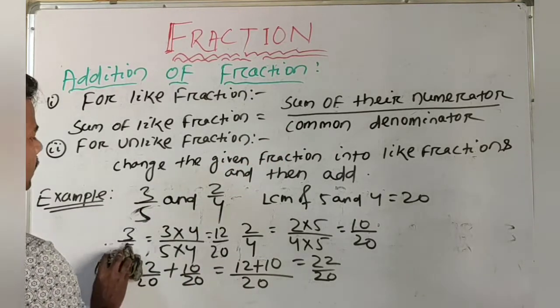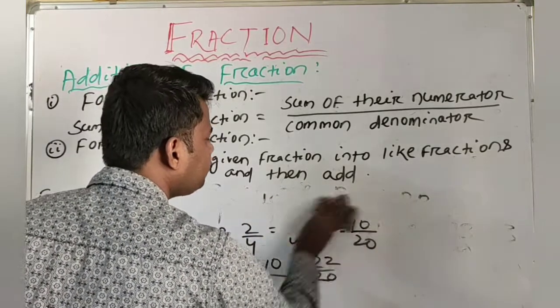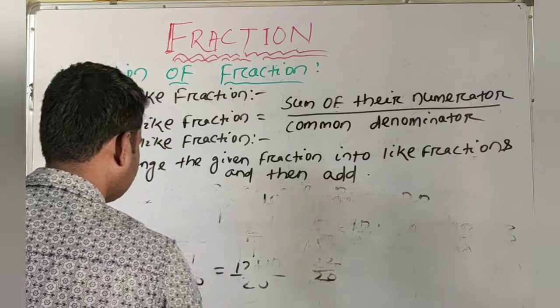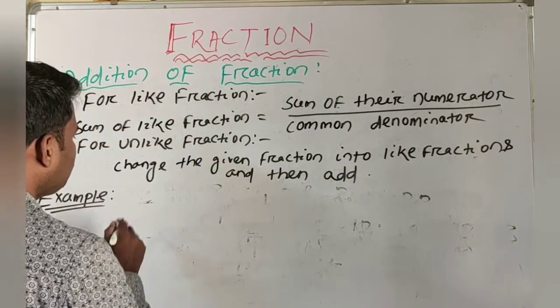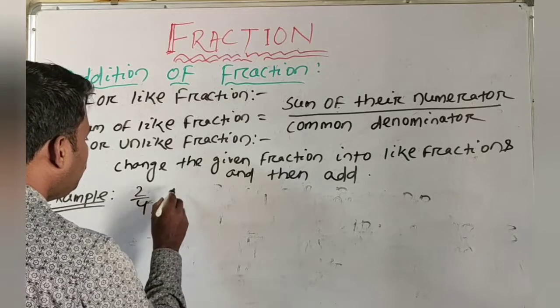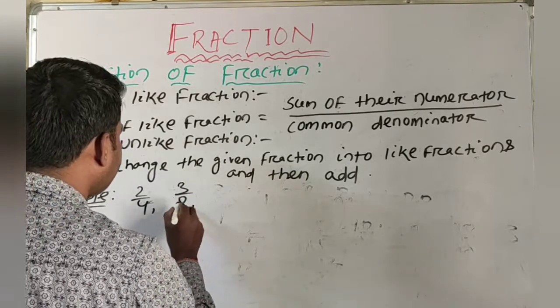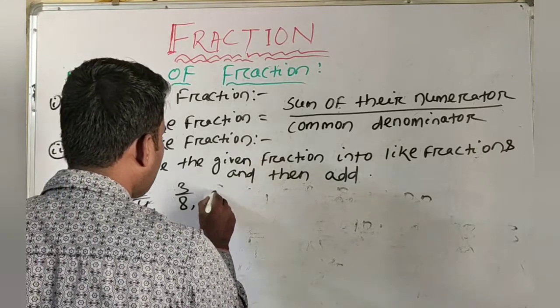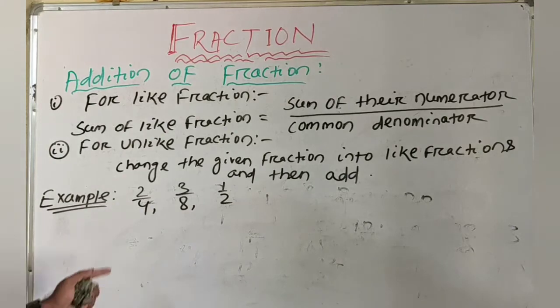Next we will take another example. 2 by 4, 3 by 8 and 1 by 2 are given. These are 3 unlike fractions because all have different denominators.